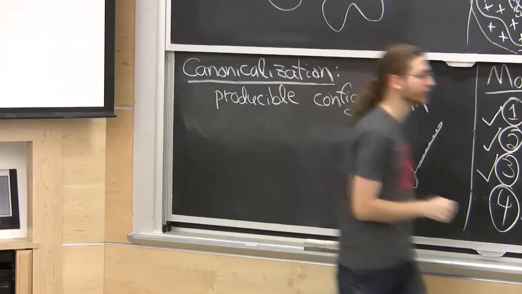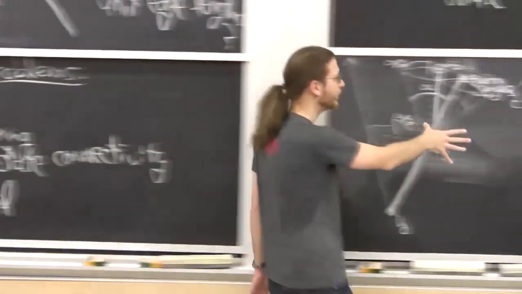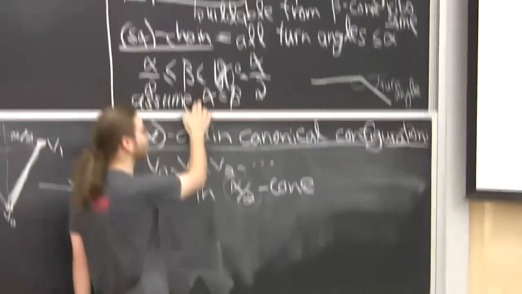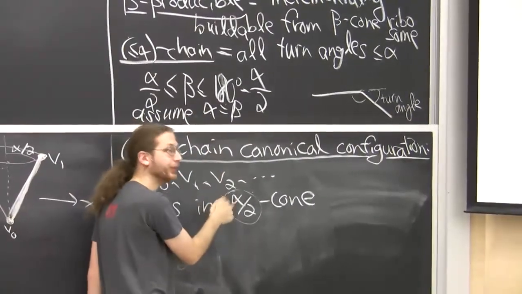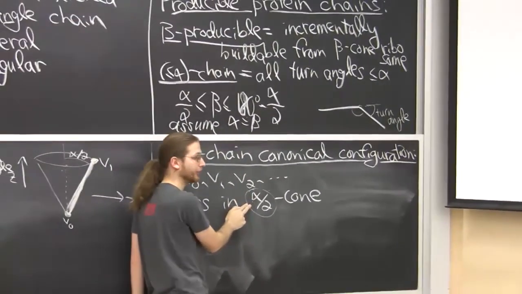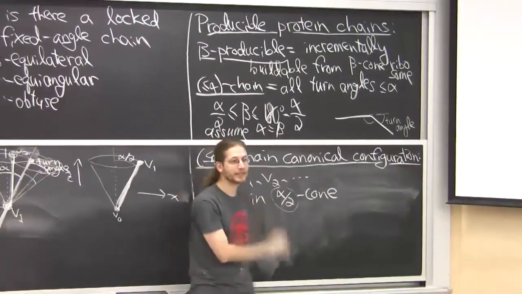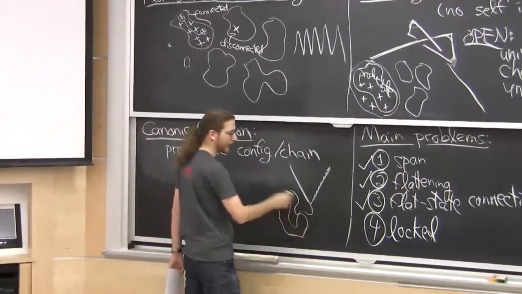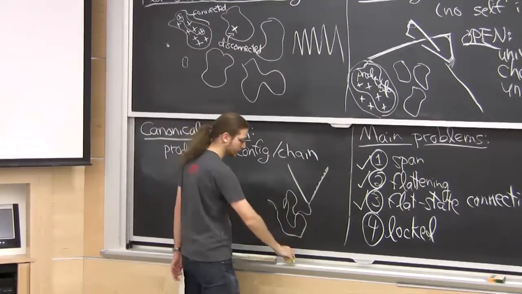All this work of defining a canonical configuration was about forcing a chain to stay inside a cone, and not only an alpha cone, which is what we're going to have as the ribosome, but an alpha over 2 cone. This is smaller than my ribosome cone by a factor of 2, and I need that. Why do I need that? Because I have no control over the outside chain.